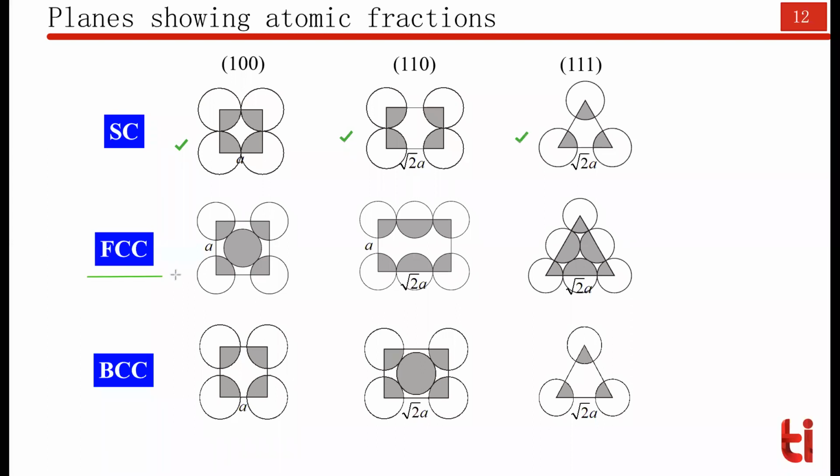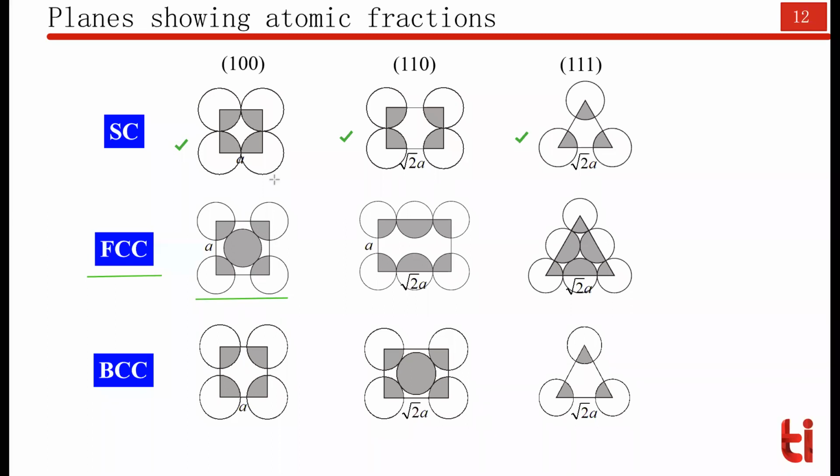You know, the FCC unit cell is the one where you have atoms at the corners as well as in the middle of the faces. So if I focus on the 100 plane, you remember the 100 plane is one of the side faces. So the cross-sectional view of it will look something like this. What you can see is you have 4 corner atoms, which are contributing only 1/4 each to the plane.